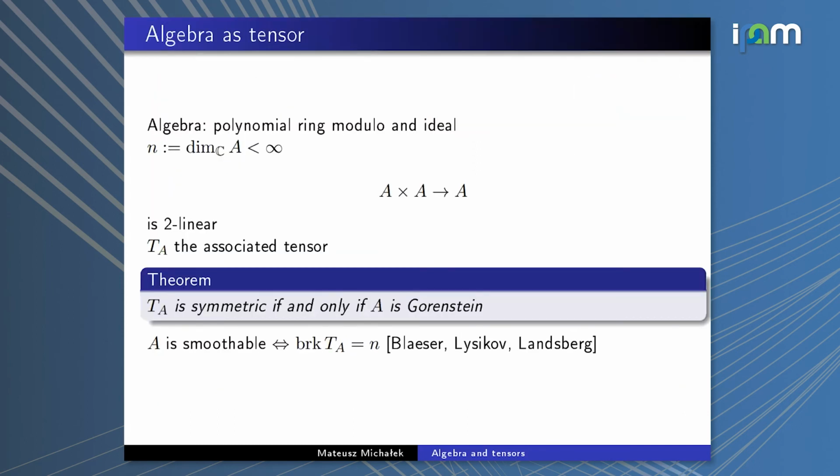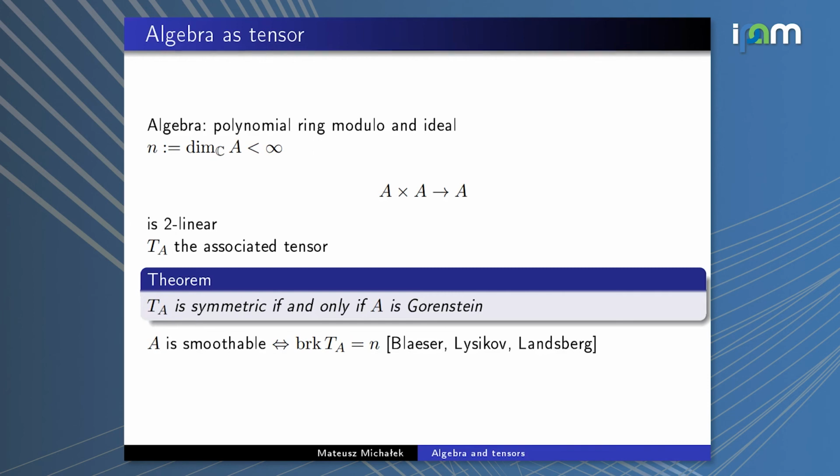Okay. To construct interesting tensors from algebra. Now, it turns out that if you consider the word algebra literally, which for me means a polynomial ring modulo an ideal, so a polynomial ring is in particular a vector space. If you assume that this vector space is finite dimensional, you call the algebra finite, you can really construct from an algebra a tensor.